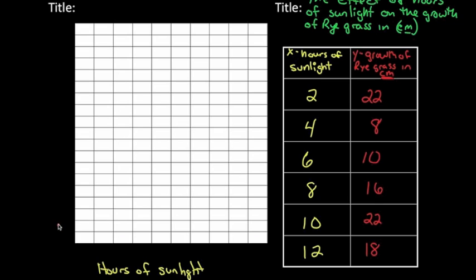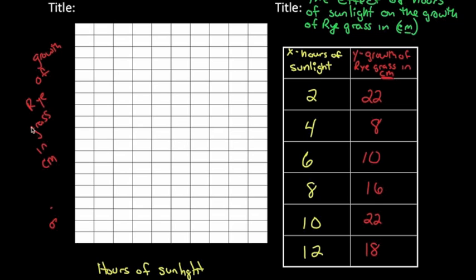And that's going to be growth of ryegrass in centimeters. You really should write it along here. It's just the computer program's not allowing me to do so. So it should be written going up and down the side here, just like the bottom is.